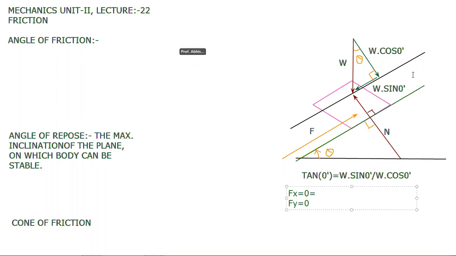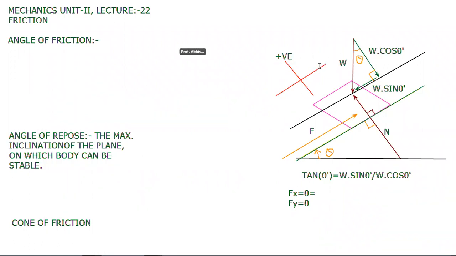Summation of Fx equal to 0 means, for the inclined plane, you have assumed this sign convention. Remember this.